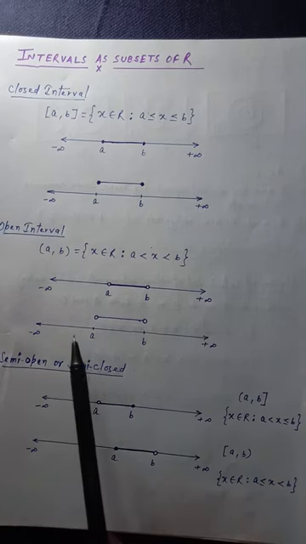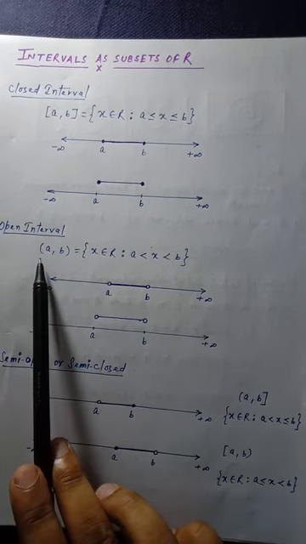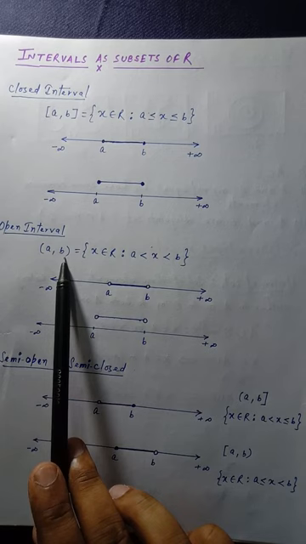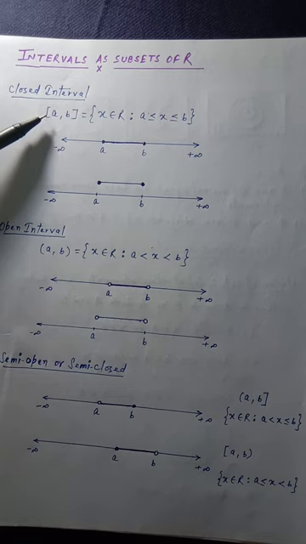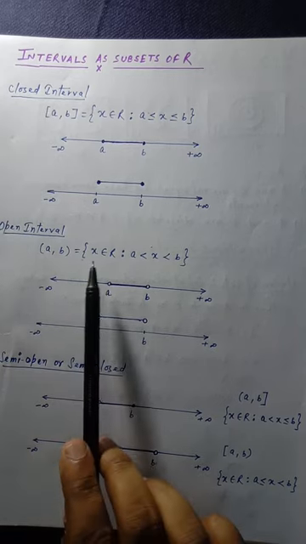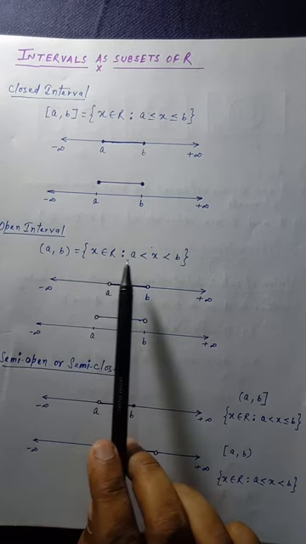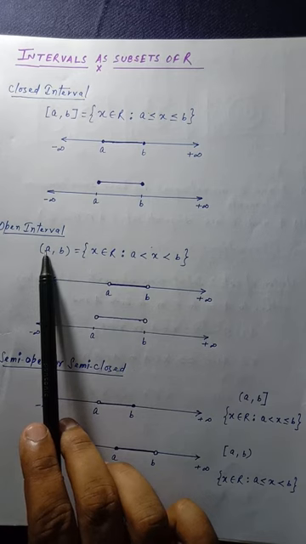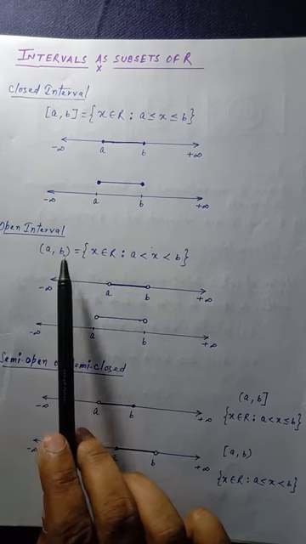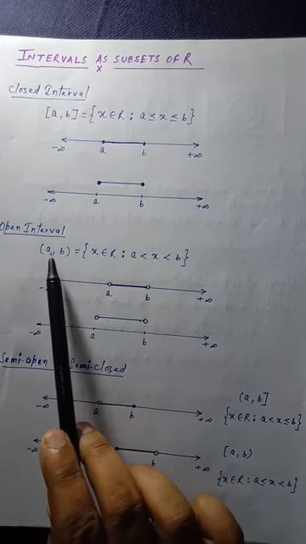Now an open interval is represented by a small bracket, whereas a closed interval is represented by a big bracket, which is a rectangular bracket also. Now it is known that x is a real number, but x is between a and b. So we are not including boundary values or corner values because it is an open interval.